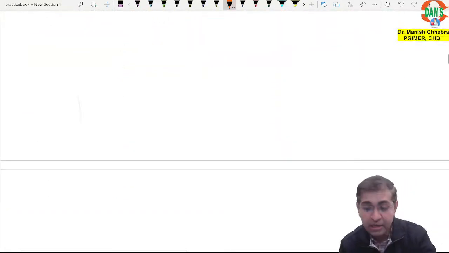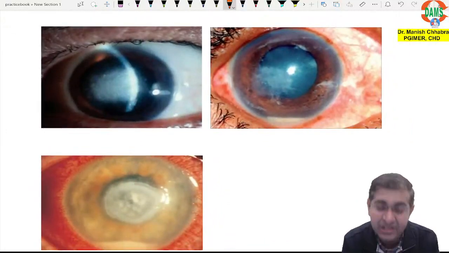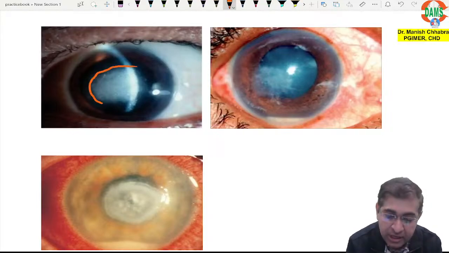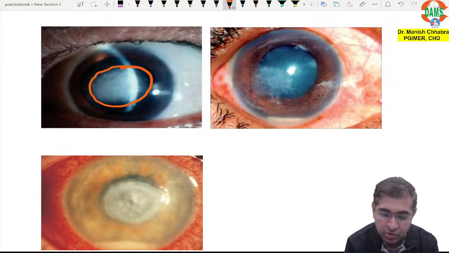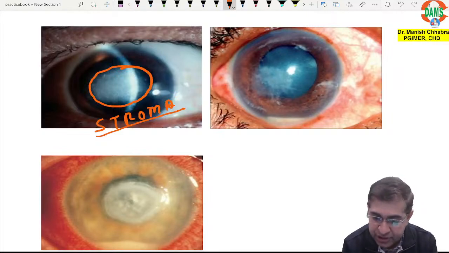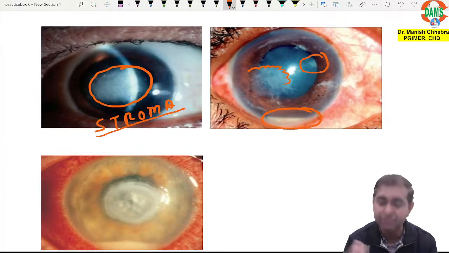Let me show you the images, because the idea is not to make you cram the things. Idea is to help you conceptualize. Can you appreciate this small lesion in the center? So this is present in the stroma. This is your interstitial keratitis. Now, can you appreciate the fluffy margins? Yes. Can you appreciate the satellite lesion? Can you appreciate the hypopyon?